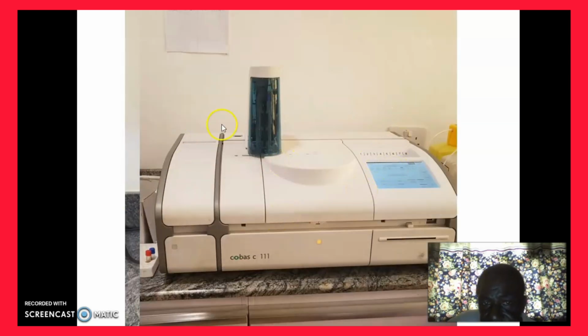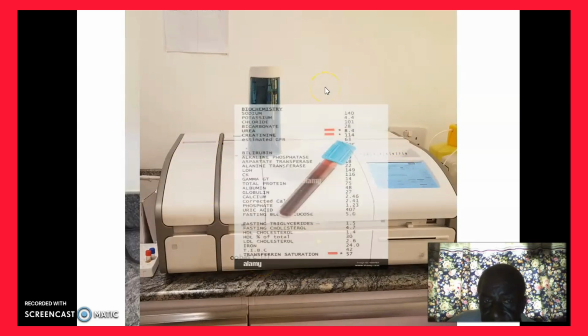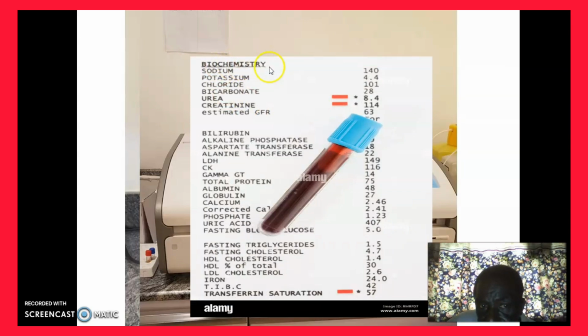And this is for the chemistry analysis, COBAS C111. So it will do the following tests: biochemistry, even up to sodium, potassium. These are ions. It will estimate them, though they have no color. So the bilirubin, and that's right. So it performs so many tests.